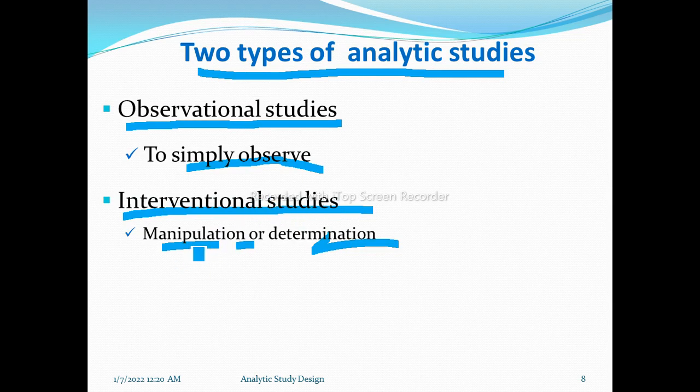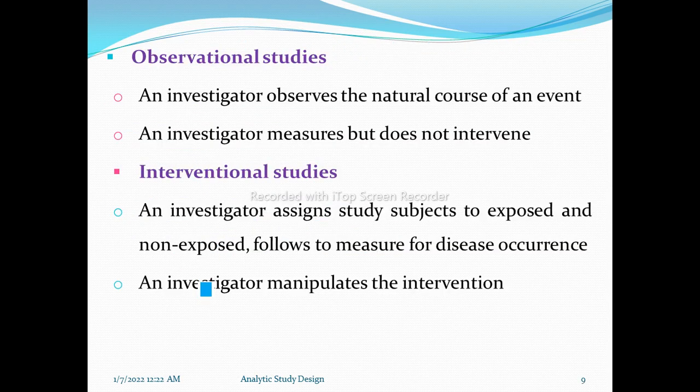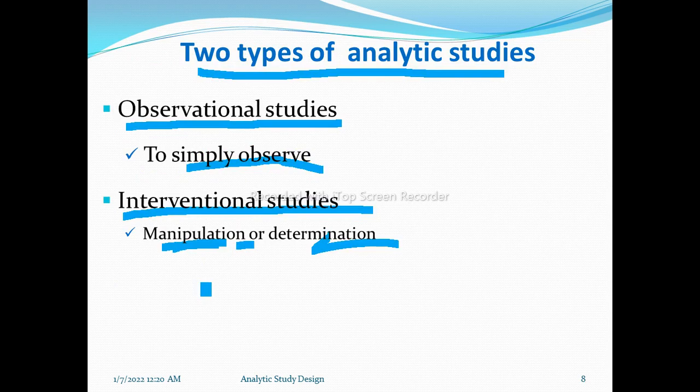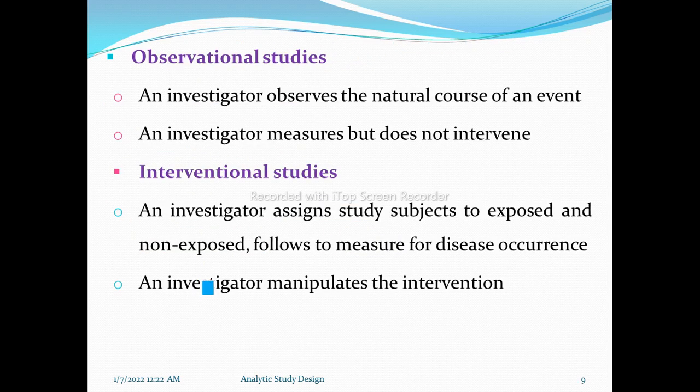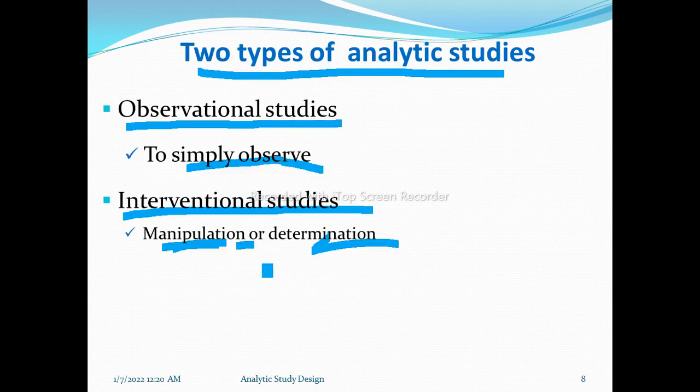So the investigator's power is the difference between observational and interventional studies. For example, in the case of interventional studies, there is the randomized control trial or experimental study. In the case of observational studies, it will be cross-sectional sometimes, and case control and cohort are considered as observational studies.